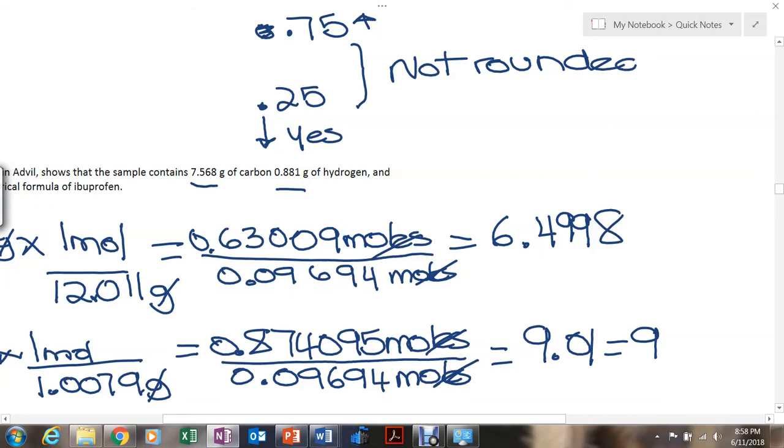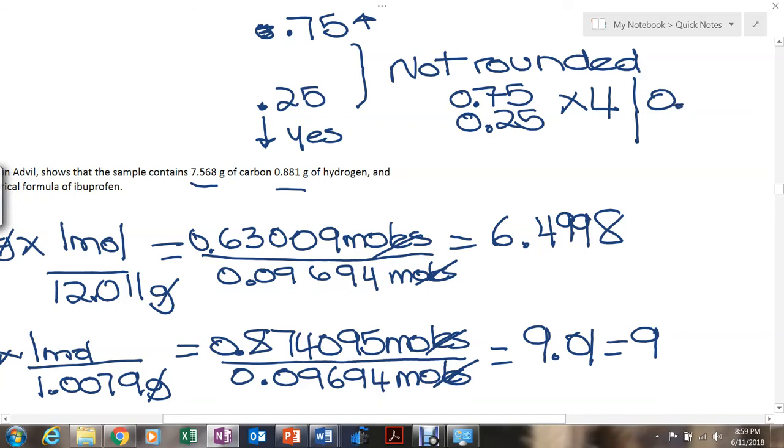So if you get 0.25 or 0.75, it's a quarter and three quarters. You multiply by 4 to eliminate those decimals, and you have to multiply everything by that.